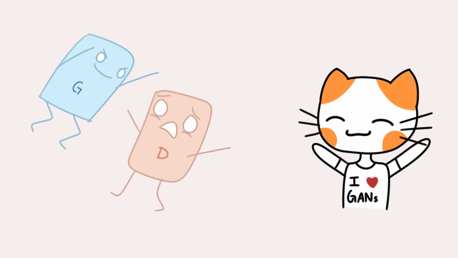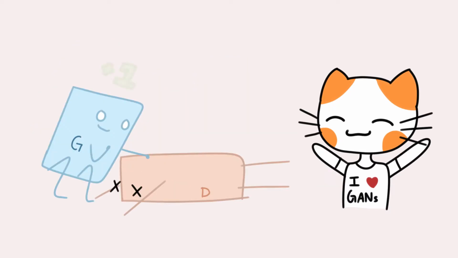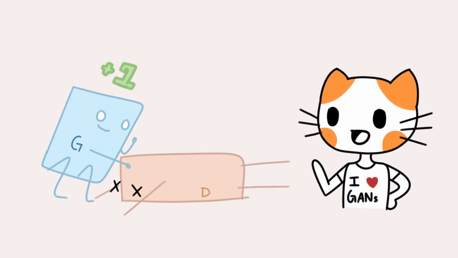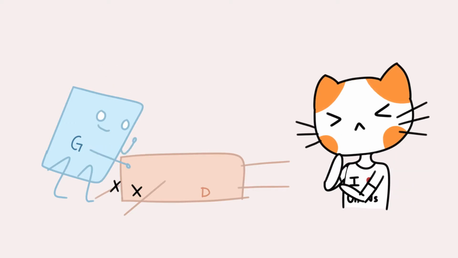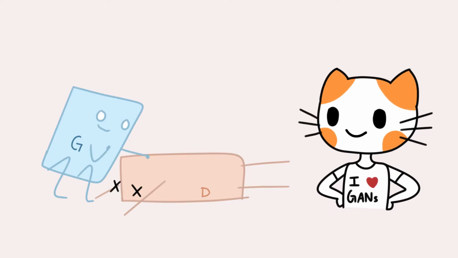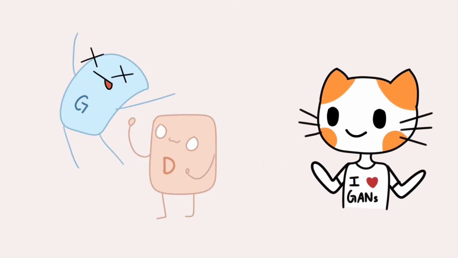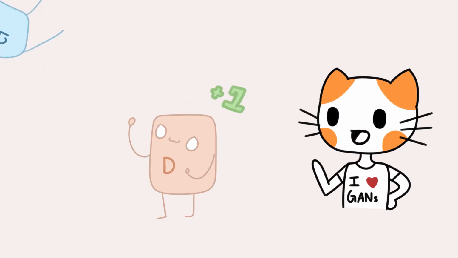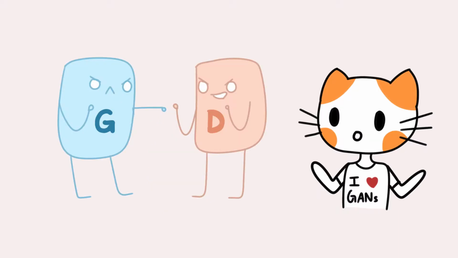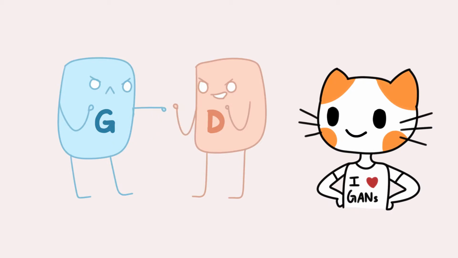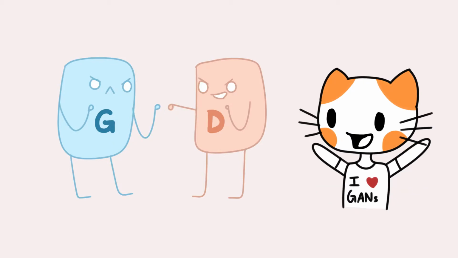Every time the generator generates an image that fools the discriminator, the discriminator uses that information to be better at deciphering which pictures are real and which ones are generated. And then, every time the discriminator figures out the picture was generated, it causes the generator to try to make a more convincing picture to trick the discriminator. Basically, they'll be competing against each other to get better together.